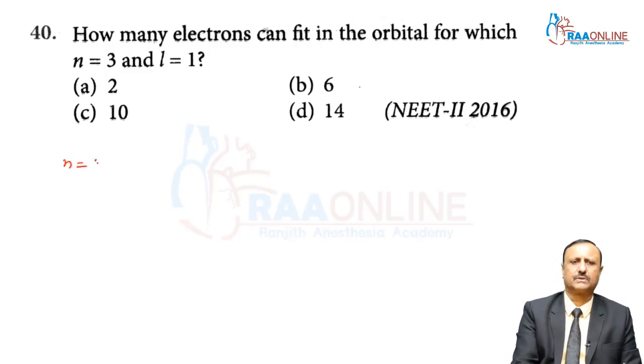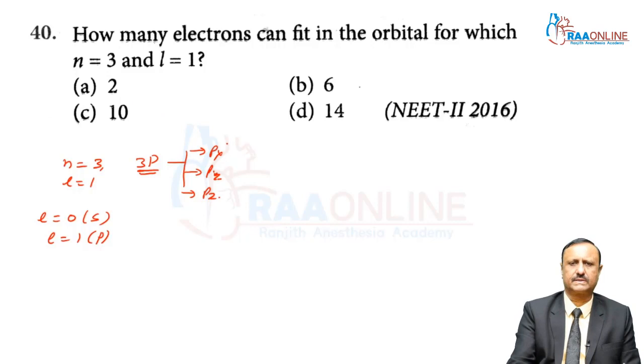When n is equal to 3, it is the third orbit, and l is equal to 1. l is equal to 0 for s, and l is equal to 1 for p orbital. So it is 3p orbitals, and this p orbital can be divided into px, py and pz. Here you can see 2, 2 and 2, so the total number of electrons is 6.